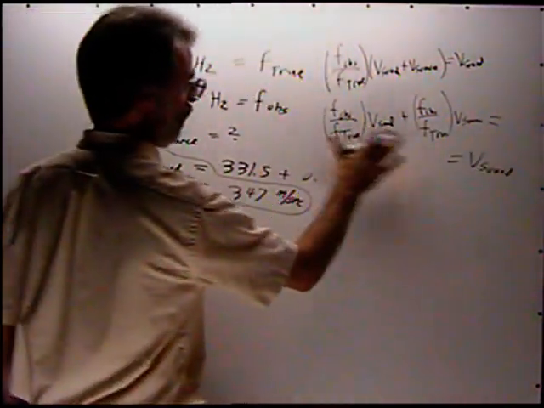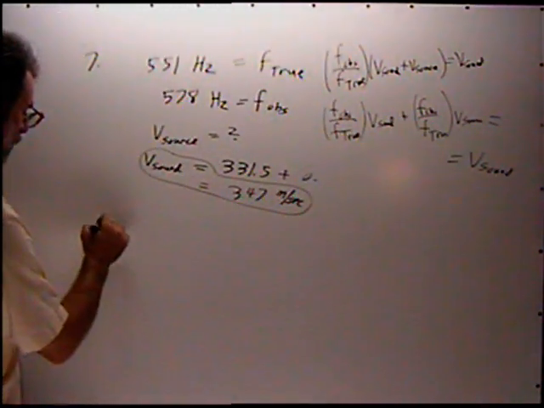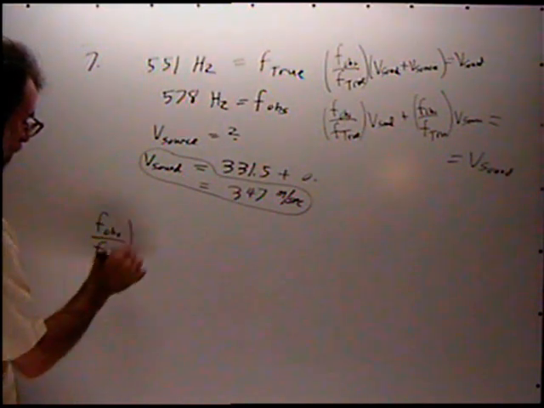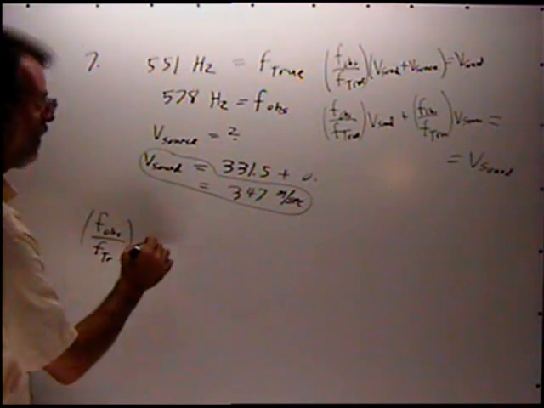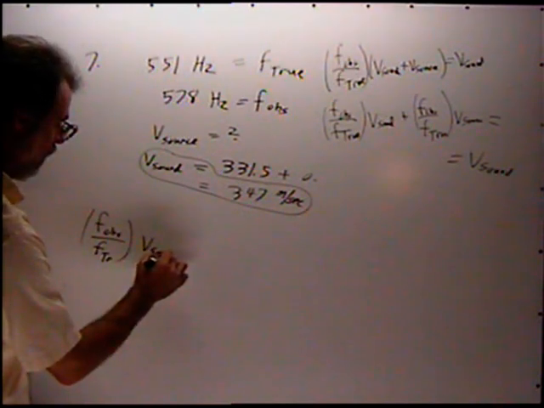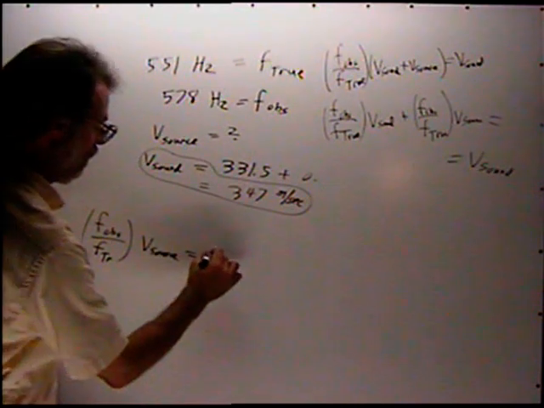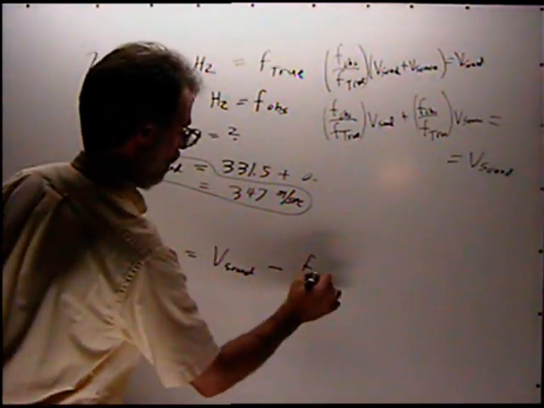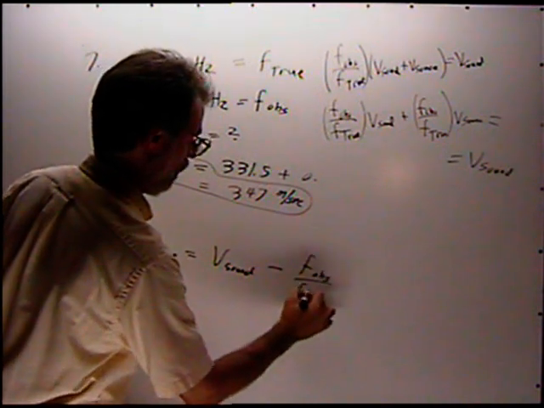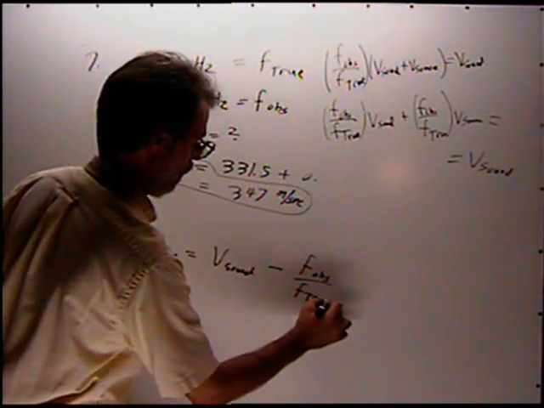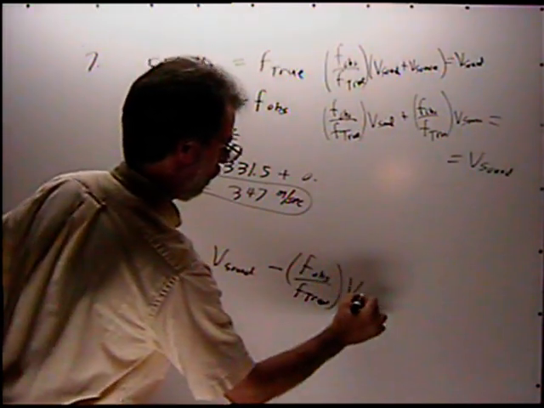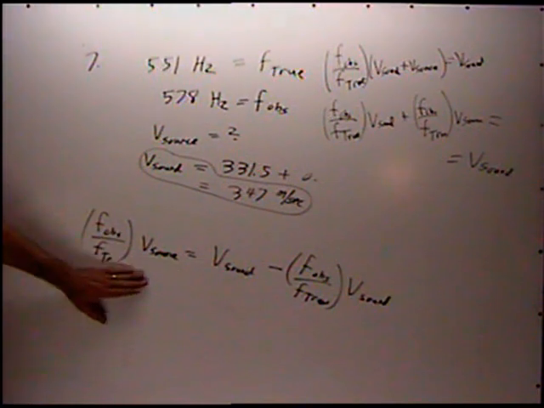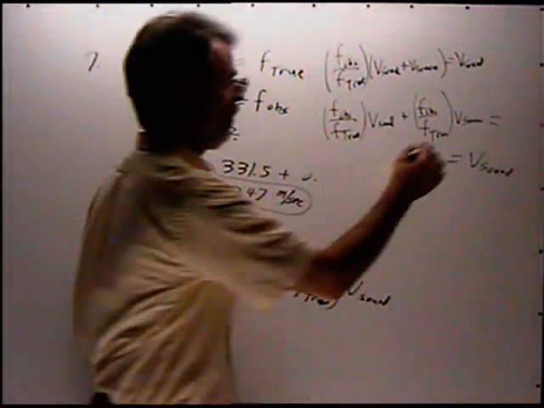So I'm going to subtract this over here, and I'll get F observed over F true times V source equals the sound velocity minus this ratio. Okay. So I've solved for this term, which is this term right over here.